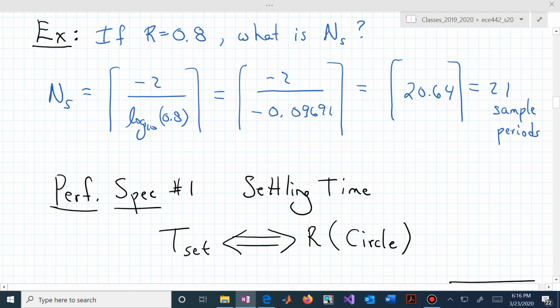What that particular value of r equals obviously depends on our settling time. And the settling time numerically is going to depend on what our sample period is, in terms of the settling time in absolute time versus the settling time in number of sample periods.